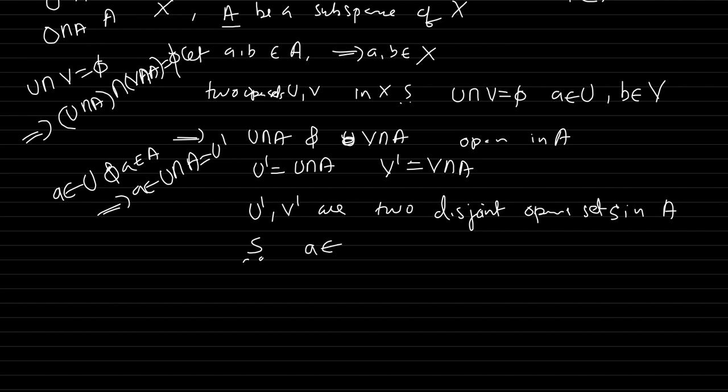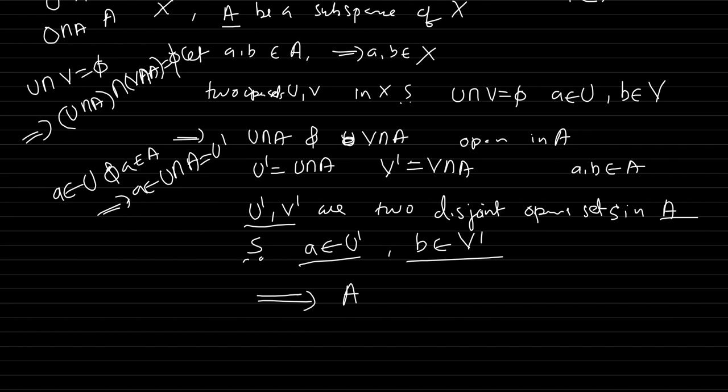Therefore, A belongs to U dash, and similarly we can say that B belongs to V dash. So whenever we consider two distinct points A, B in A, there exist two disjoint open sets U dash, V dash in A such that A belongs to U dash and B belongs to V dash. This implies the subspace A is Hausdorff. So if a topological space is a Hausdorff space, then every subspace of that space is also Hausdorff.